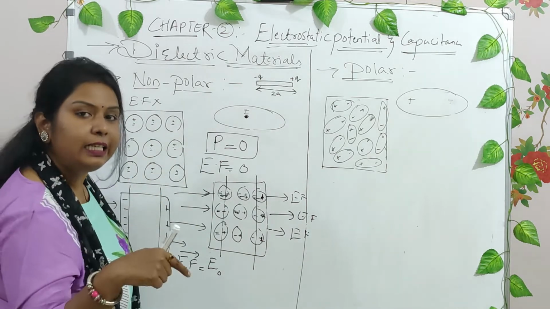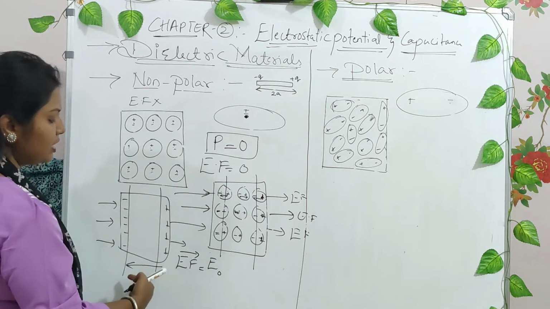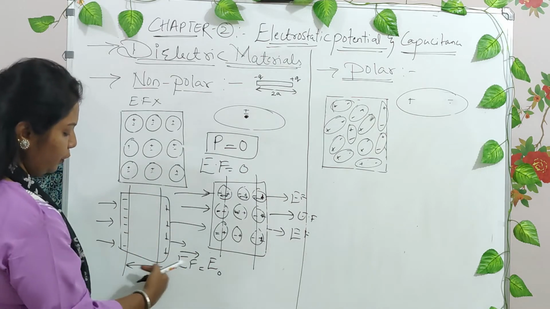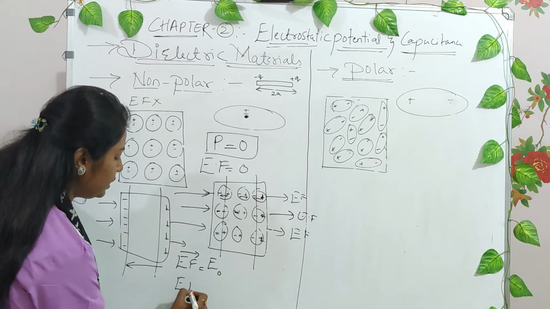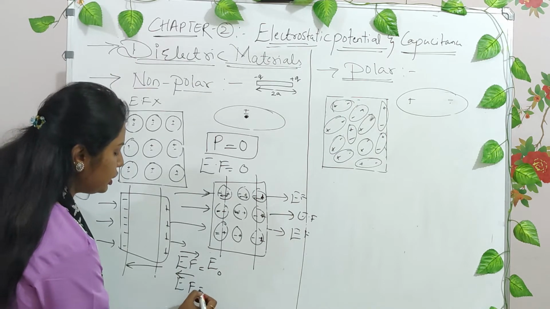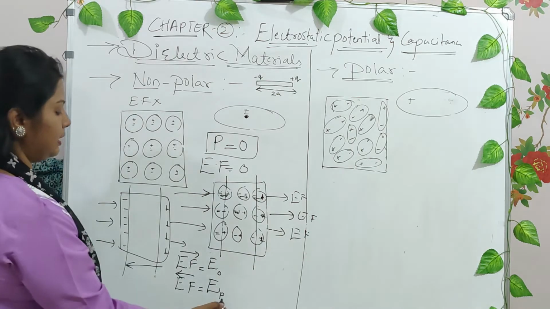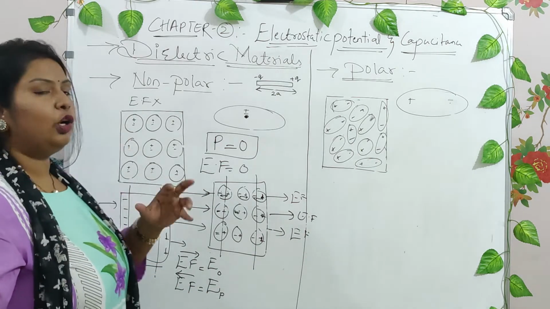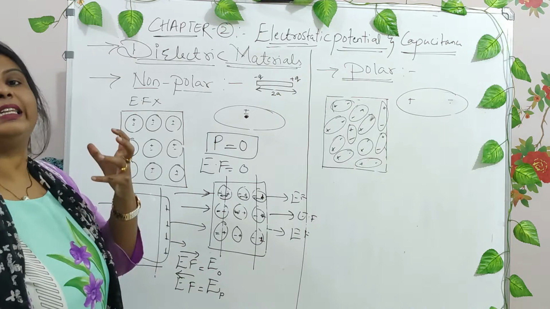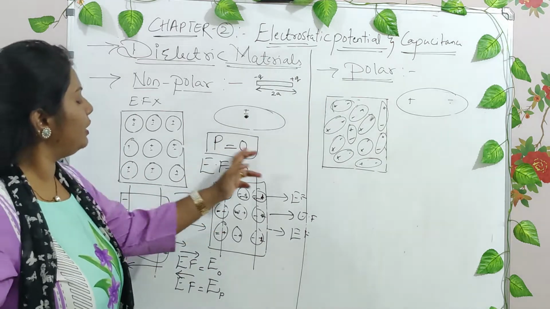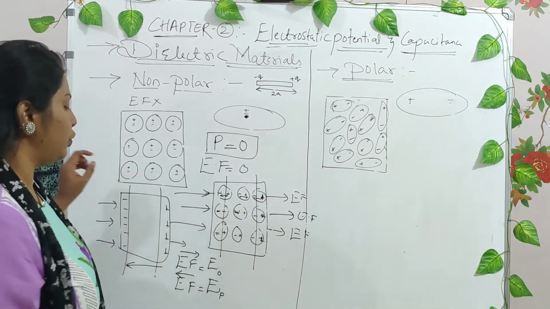Now you have another electric field generated due to this dipole, that is from the positive to negative, and this is moving in the opposite direction, say for example because of the dipole, that is E P, right? Now if you want to find out the net electric field on the dielectric material, how do you do it?